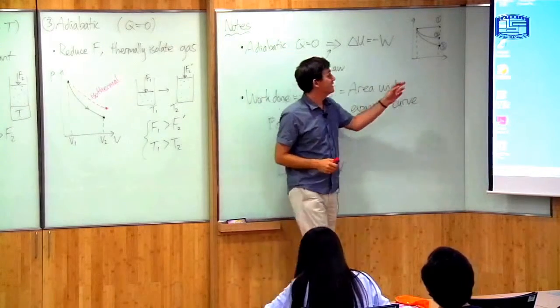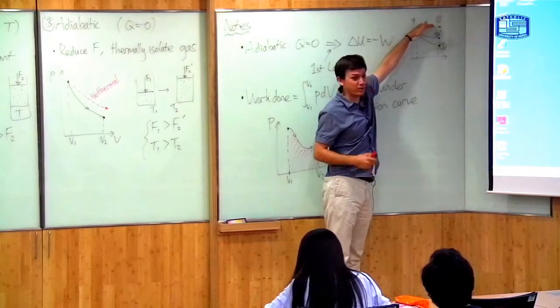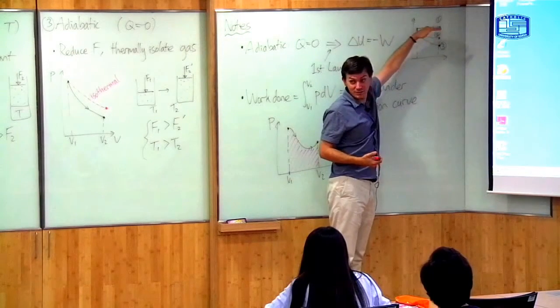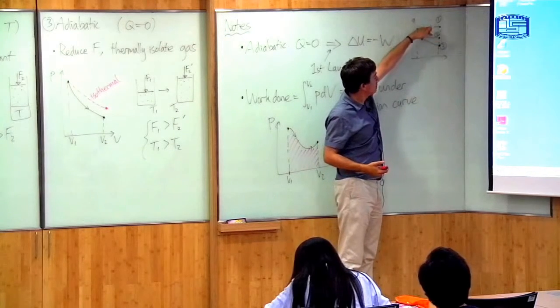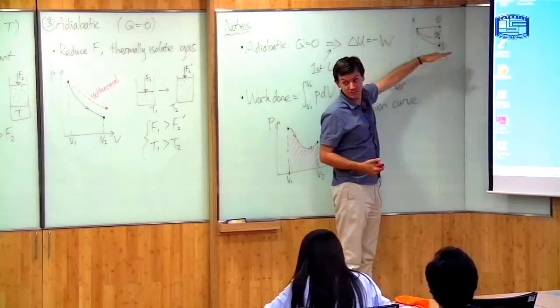So you can see that the isobaric process, constant pressure, does the most work. This is highest, so the area is the most. So isobaric does the most work, then isothermal, and then finally adiabatic does the least work, because it's lowest.